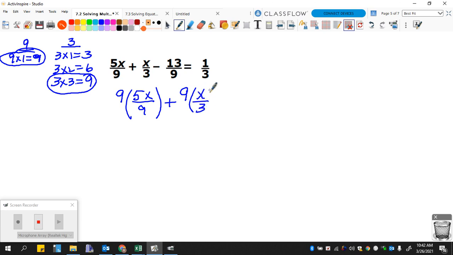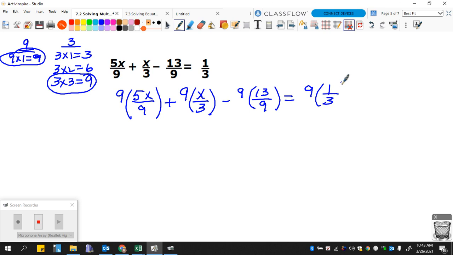I was looking to see if we could have combined the like terms. We will combine the like terms in a minute, but we can't. We have to get the common denominator first, okay? Minus 9 times 13 over 9, or divided by 9, is equal to 9 times 1/3.